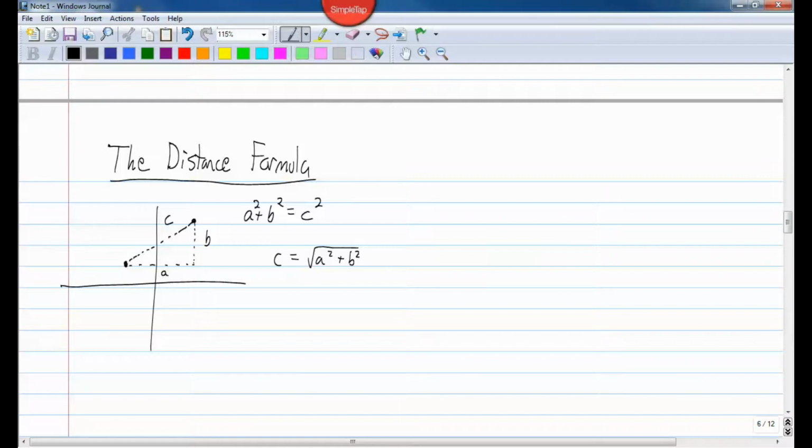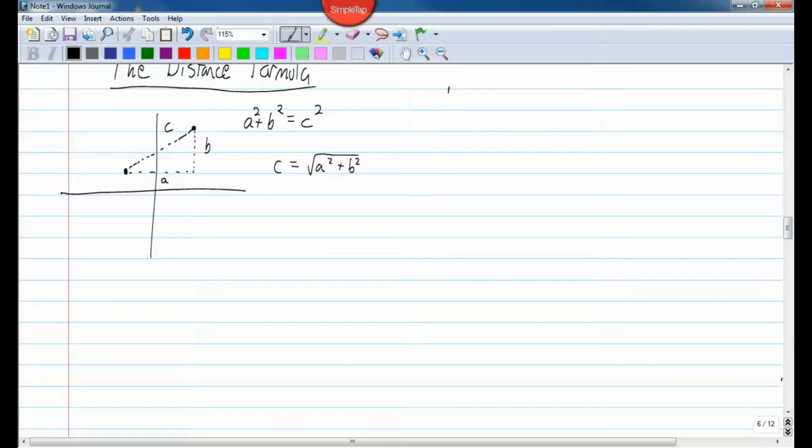The distance formula that we use in here and that you have seen before, I'm sure, is that D, distance, is equal to the square root of x sub 2 minus x sub 1 squared plus y sub 2 minus y sub 1 squared. Do you see how that's similar to the Pythagorean theorem?